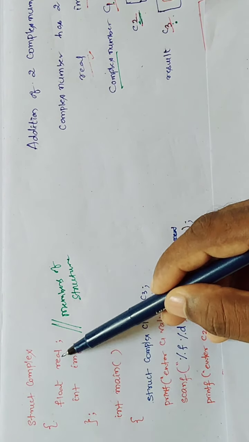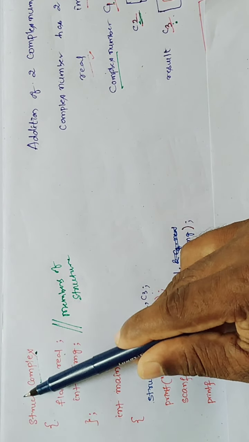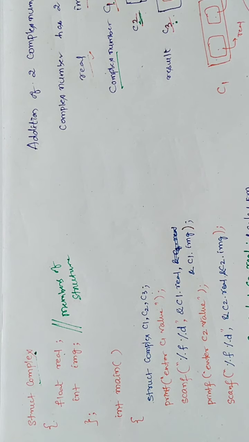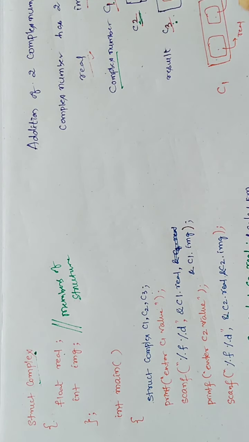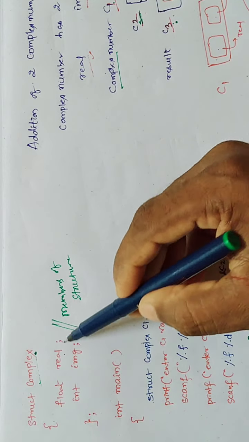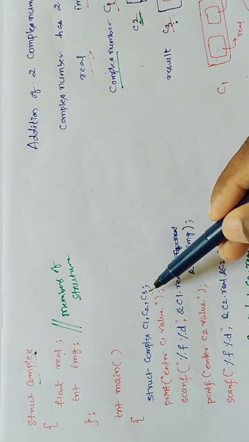Within the braces, we have to provide the members under the data type name, which is complex, which is of a structure. Now see how to take the main part. I am declaring main. Now tell me, what is the size of C1, C2, C3? Very simple. The sum of the size of all the members is the size of the variables.